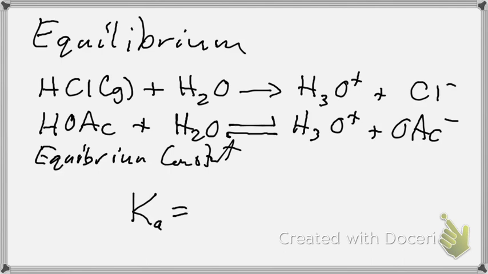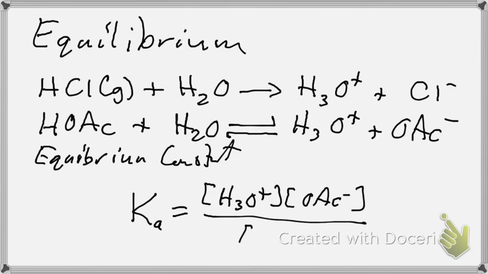And it can be written as the concentration of hydronium ion times the concentration of acetate ion divided by the concentration of acetic acid. Now notice here I have put the names of the species in square brackets.